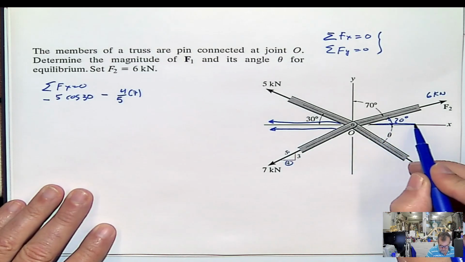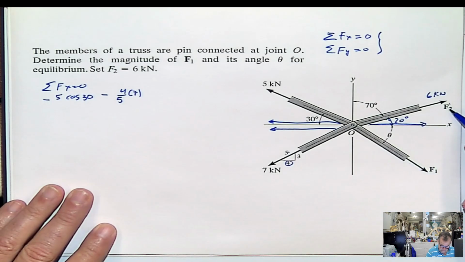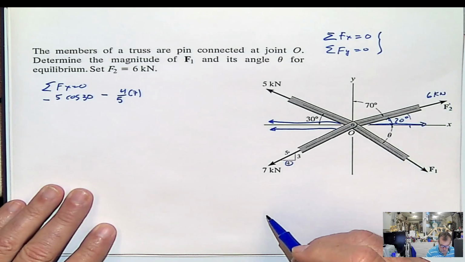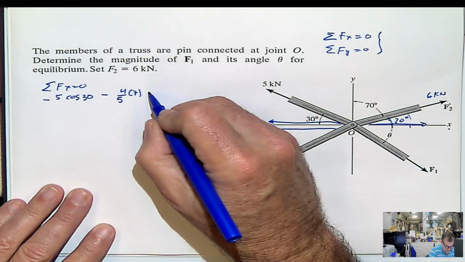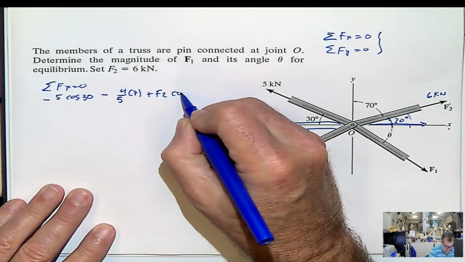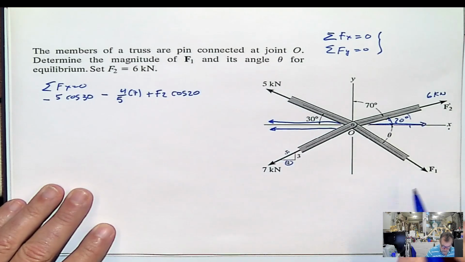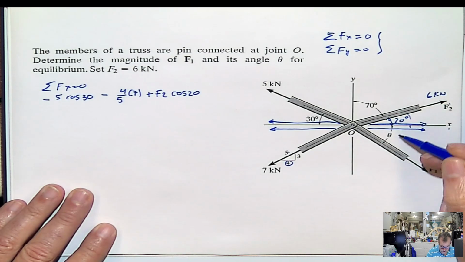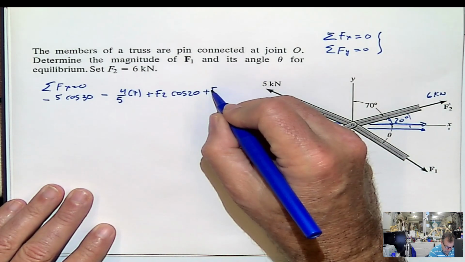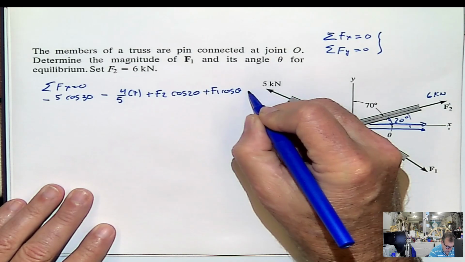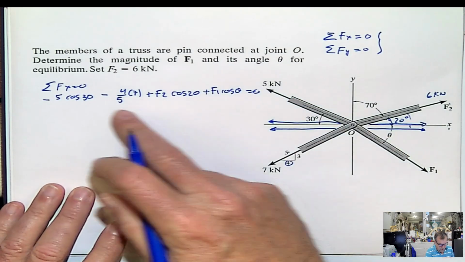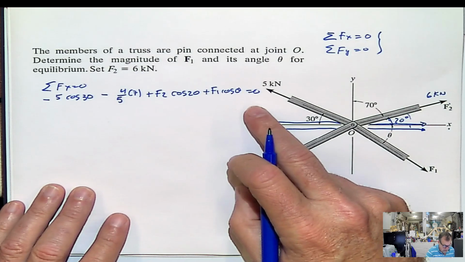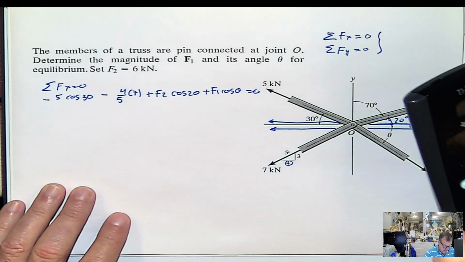This component, F2 cosine 20, positive. And this other component, F1 cosine theta, equal 0.